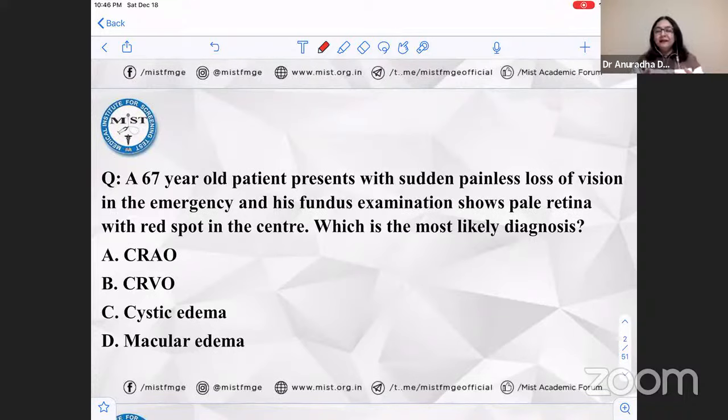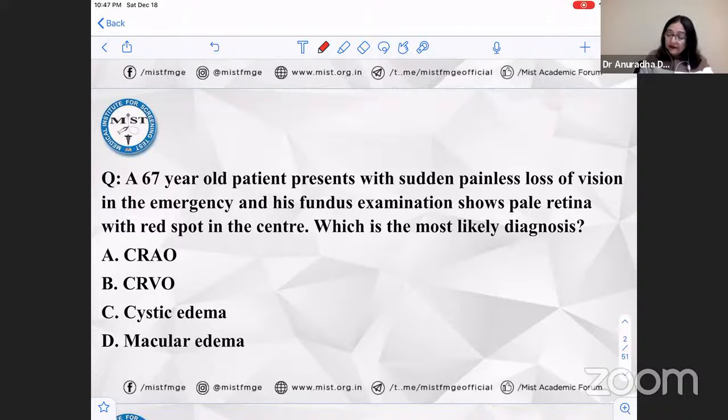As I have been telling in my previous sessions in which we practice a lot of MCQs or clinical case scenarios, always try to look for the keywords in the case scenario statement. This is the way to approach these kind of questions. So here there were two key statements given in the question.